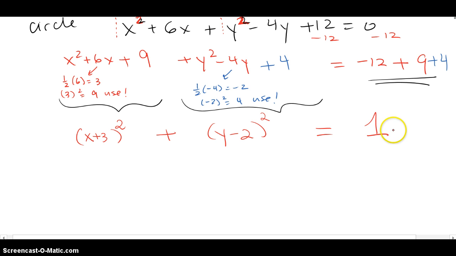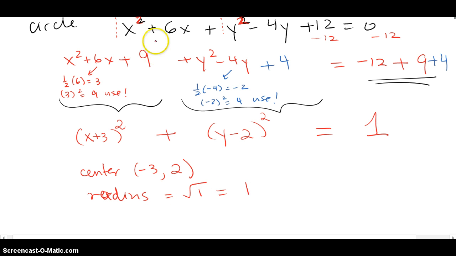Negative 12 plus 13 is 1. Now we have it in standard form, so the center is (-3, 2), and the radius is just the square root of 1, which is 1 anyway. So we took something that looked sort of ugly and not in standard form. By completing the square, we got it in standard form.